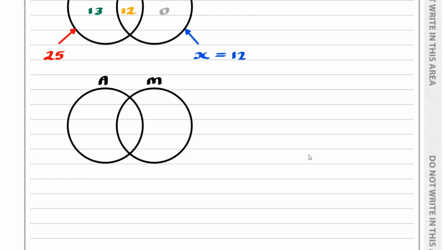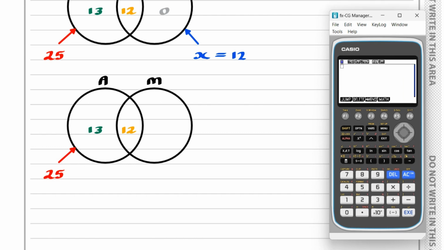For the other scenario, well, again, we have art and music. The total for art is 25. 12 study both art and music. 25 take away 12 is 13. So 13 study art only. And if there's 45 students altogether, then what we can do is find out how many students study music only.